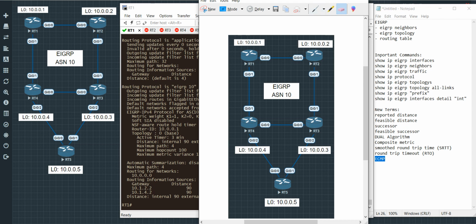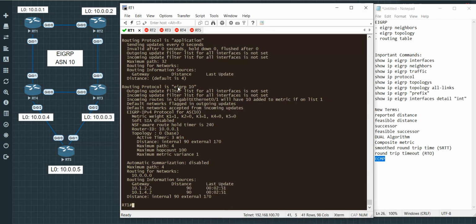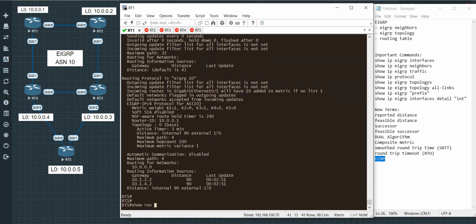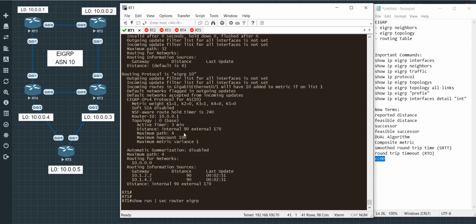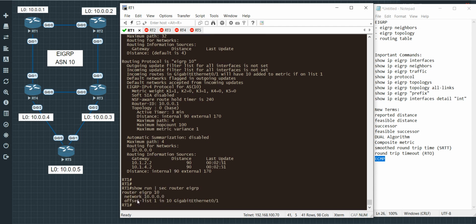And so in order to do that, we would just have to go into our EIGRP configuration and configure it in here.